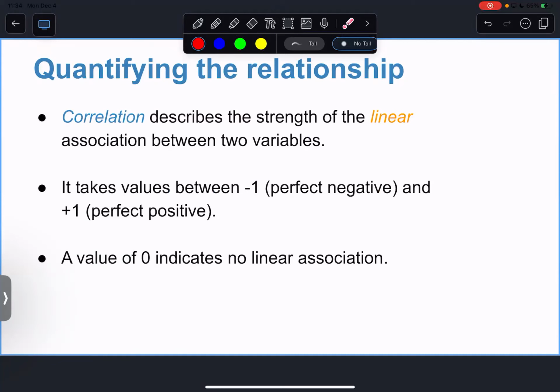We've seen the correlation, and you've calculated the correlation in the lab. Now the correlation describes the strength and direction of a linear relationship. You can calculate the correlation of a nonlinear relationship and it'll give you a value because it doesn't care, but it only applies if you have a linear relationship.